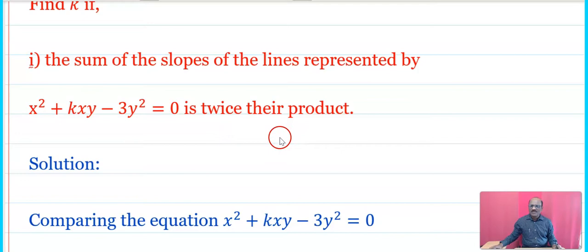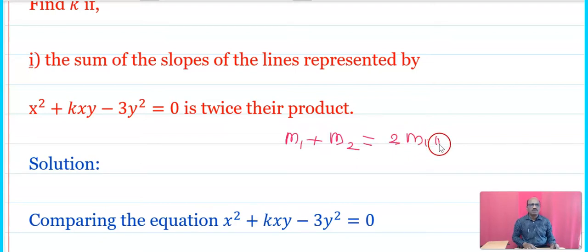That is, m1 plus m2 is equal to 2 times, here is the condition, I will write here, m1 plus m2 is equal to 2 times m1 into m2.